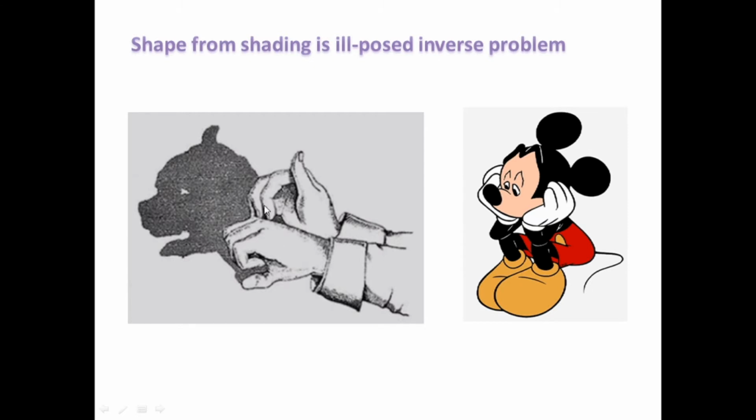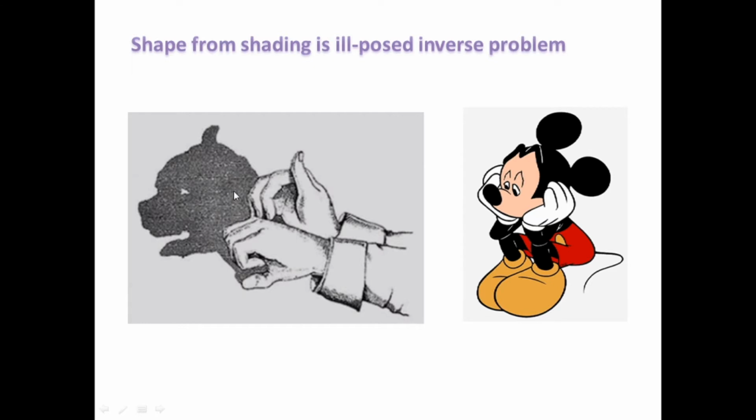For example, suppose this entire image is partitioned into two segments, the left one and the right one, and the left one is completely the shadow. Given this 2D image, the shadow, what I perceive is that it is the shadow of a puppy.